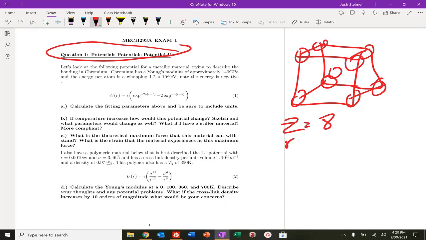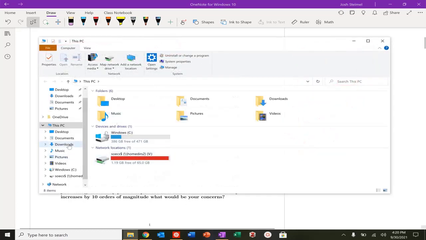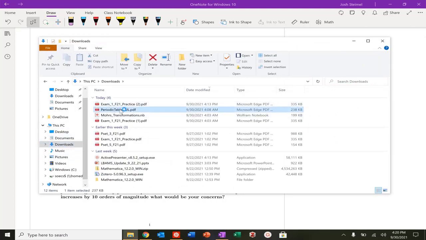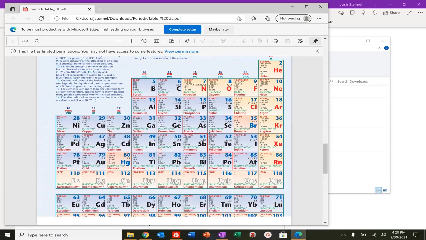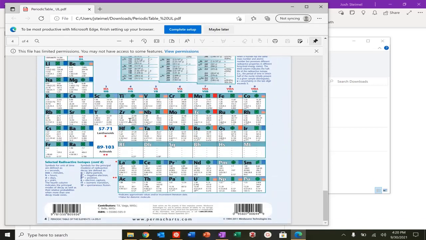My R naught is my equilibrium distance, which is going to be equal to 2R, which I can look up in my handy-dandy periodic table. If I look up chromium, I can see that chromium has a 1.3 angstrom metallic radius.